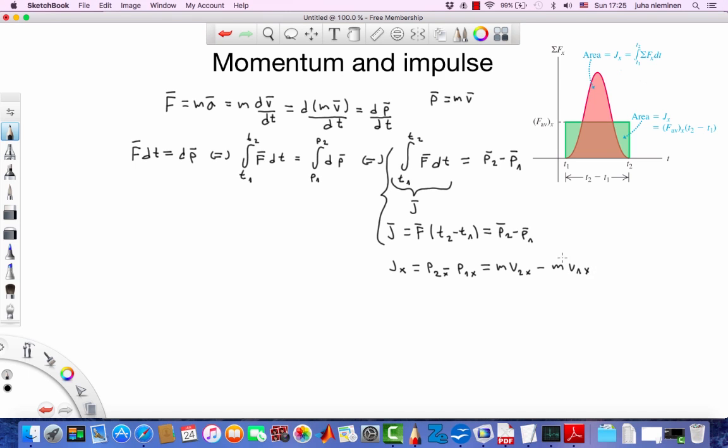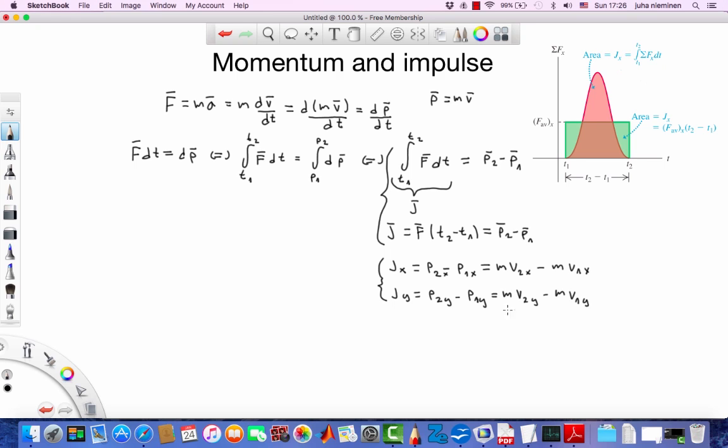Like this. And then we can separately analyze what is happening in the y direction, so we have momentum in y direction in that case. It's p, so mass times velocity in the y direction in the final position minus initial position.